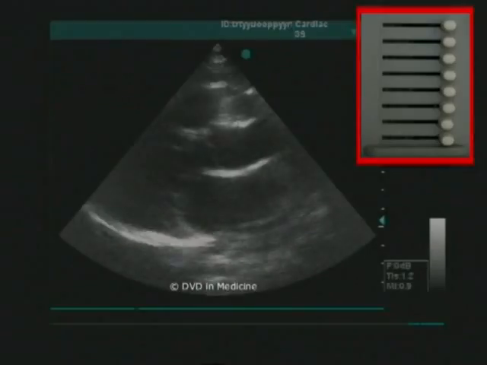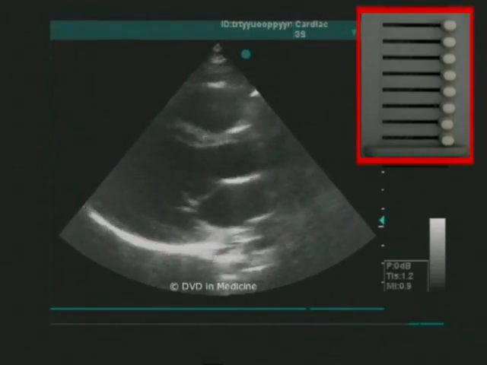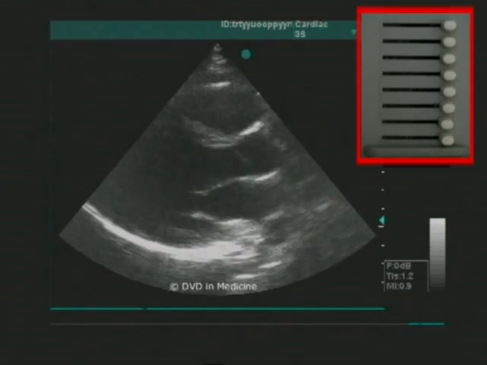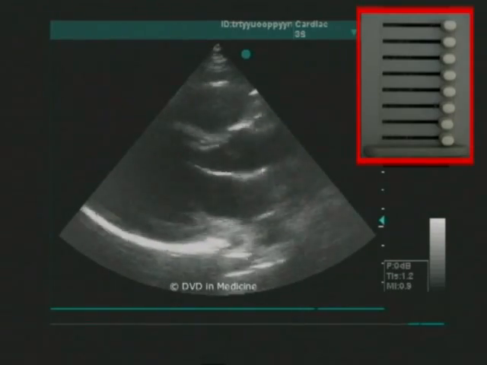In this clip, we demonstrate in the real-time images the correlation between different TGC settings and final images.